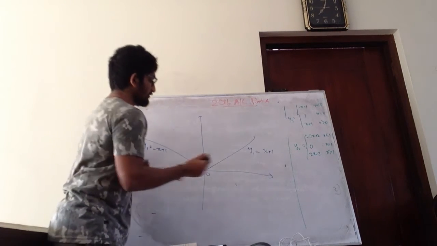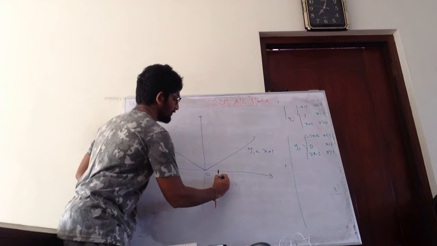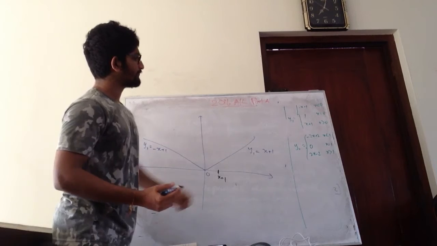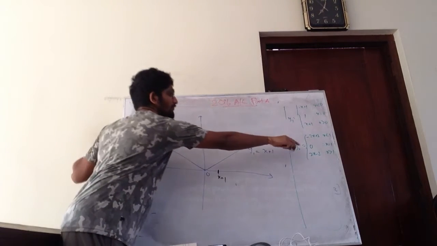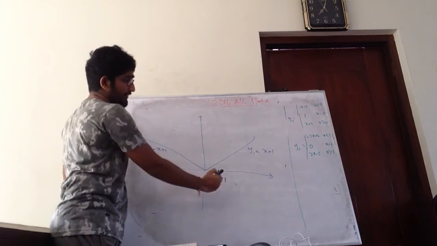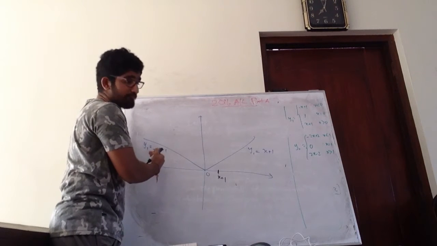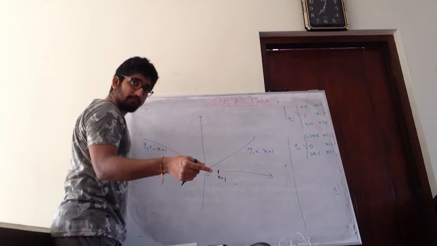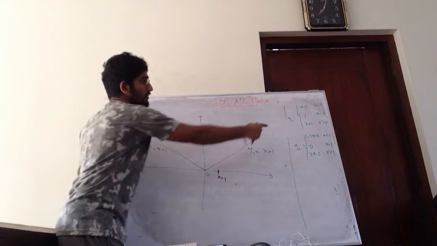y2 is, we start from here. This equals 1. Right? So if I take what is behind this, which is less than 1, so it's minus 2x plus 2. So if I put x equals 0, it will be 2. No?